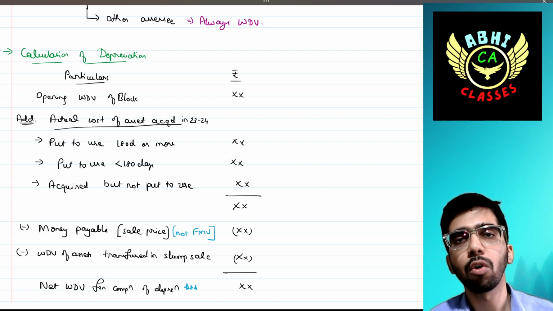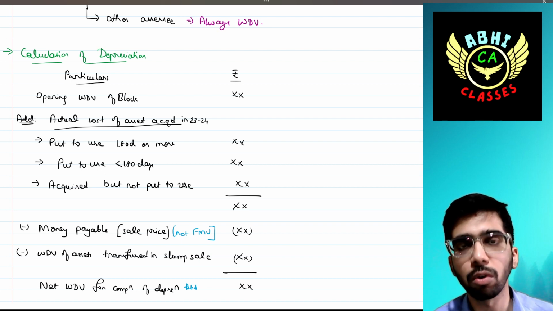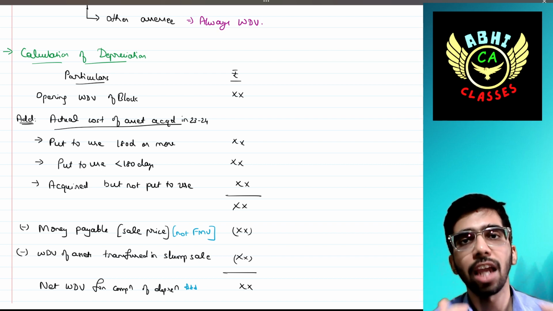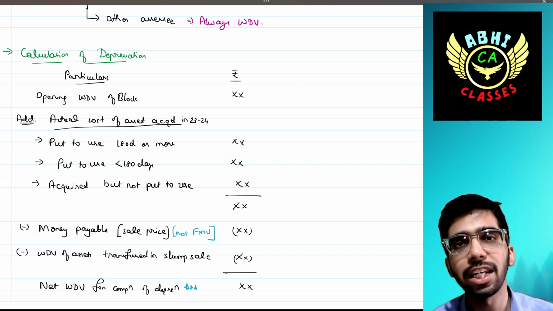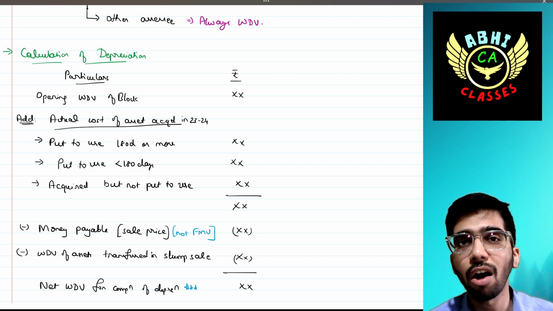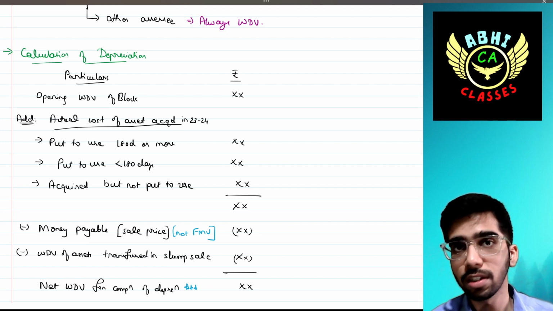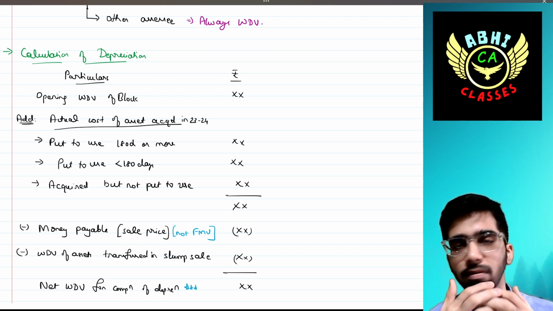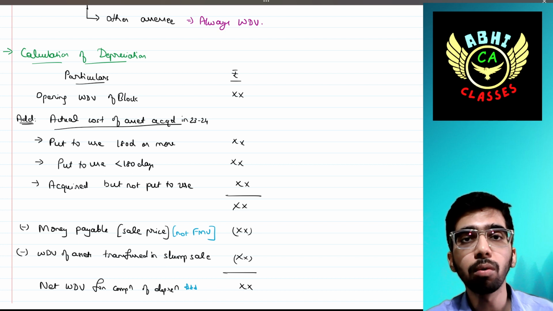For example, if that asset is put to use before 3rd October 2023, then that can be taken first. Second, put to use for less than 180 days, that is for half of the year, then that should be taken. Why this classification is needed is in order to compute the depreciation. Then the last category is acquired but not put to use.